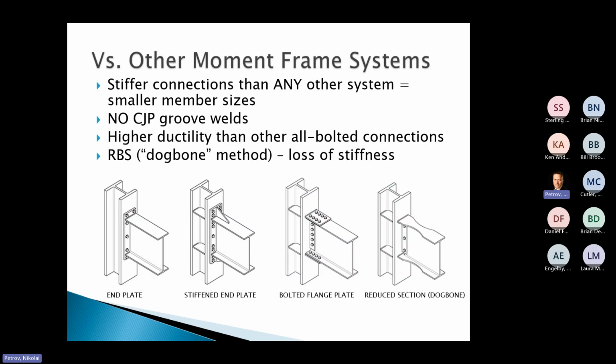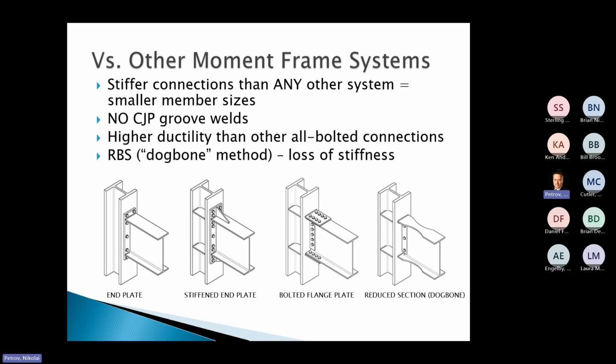Move on. So versus other moment frame systems, here's the same slide that you saw before, but just for comparison. They are stiffer connections than any other system, which I think is pretty easy to visualize. You've got these large plates that encompass the entire connection, so it makes the connection stiffer. There's no CJP groove welds.